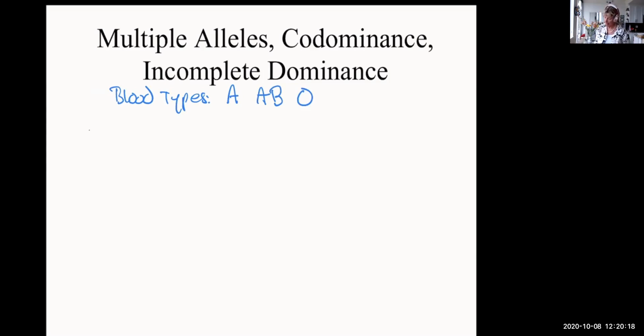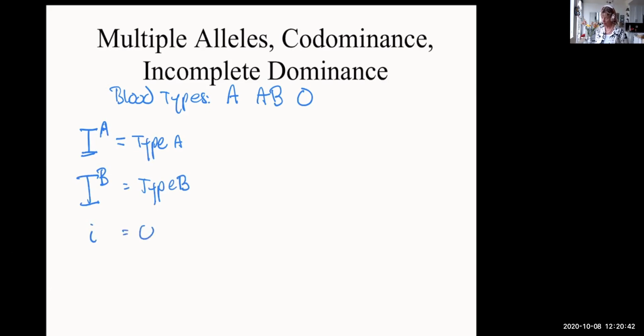The way it's expressed is with an I and a capital A, that equals type A, and it is dominant. An I with a capital B is type B, also dominant. A little i equals O type, and it's recessive.